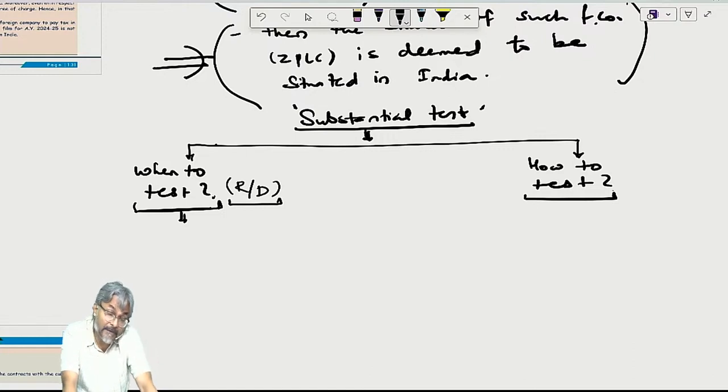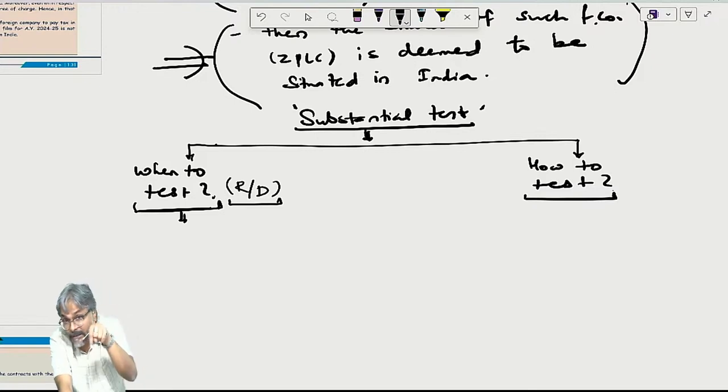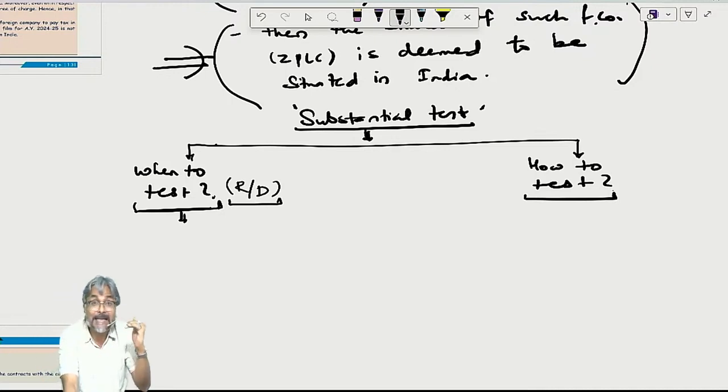For all the 365 days we have to see? No. There has to be some date on which you have to ask the question to ZPLC: are you deriving your value substantially from the Indian asset? That date is the first thing.